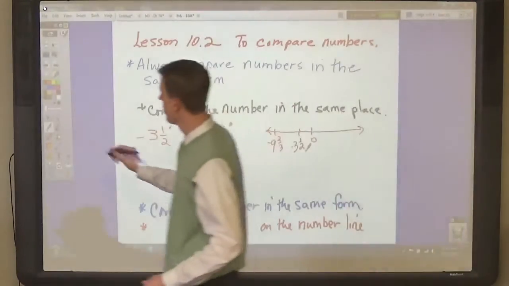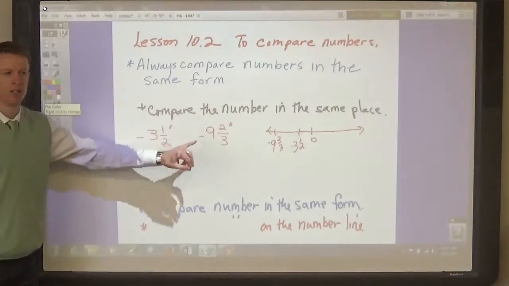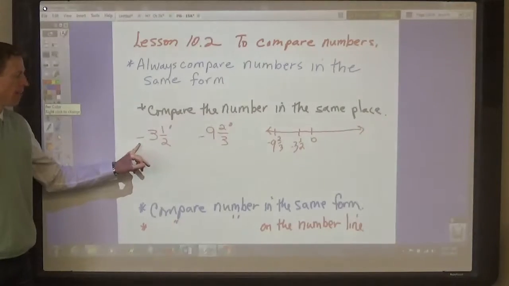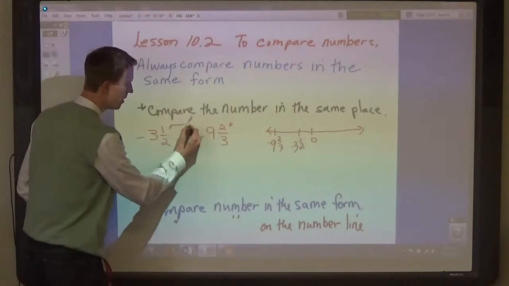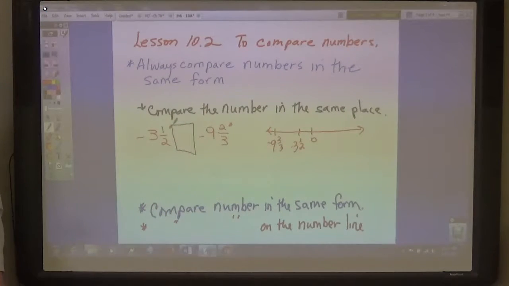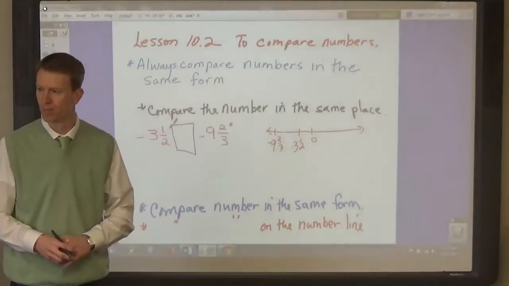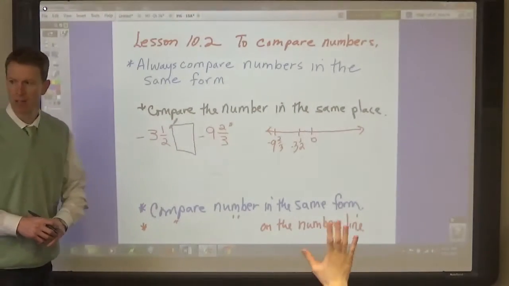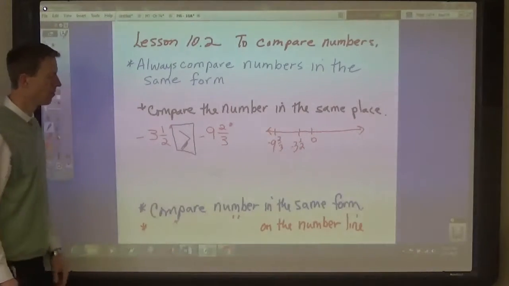And so what symbol would we put in between these two numbers then? How would we write a statement for this? Would we write 3 1/2 is greater than, 3 1/2 is less than, 3 1/2 is equal to? Bella? Good.